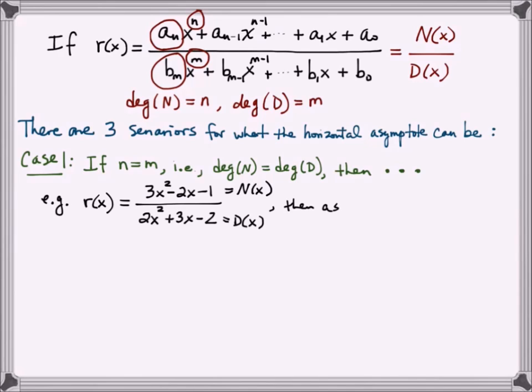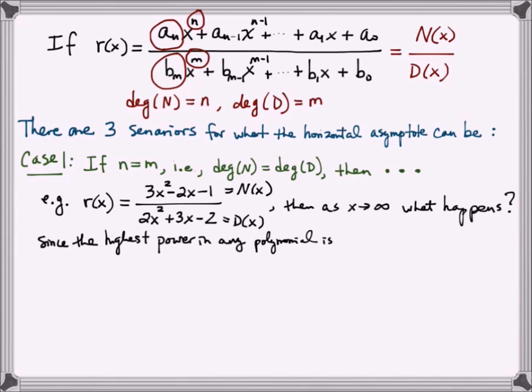Then we want to know what happens as x goes to infinity. End behavior is about the dominating term and what that dominating term does. And in this case, the highest power in both polynomials is x squared. It's x squared here, it's also x squared down there. Therefore, the highest power overall is going to be x squared. To investigate this long-term behavior, we do this trick by dividing every single term in both polynomials by the dominating term.